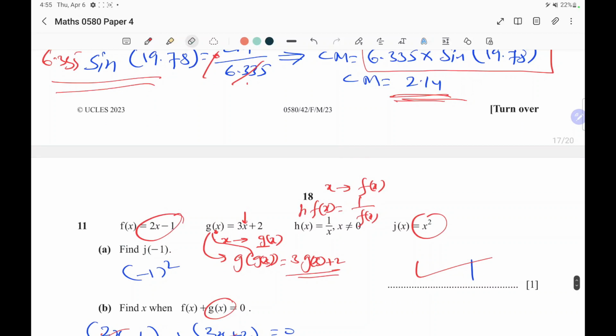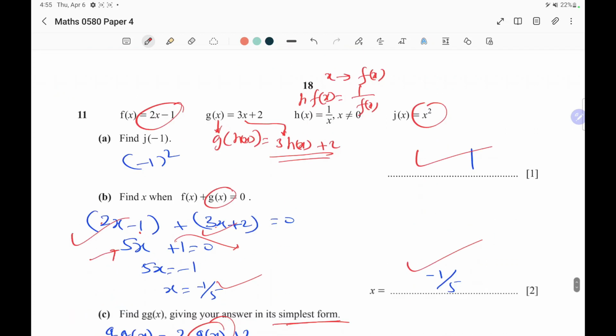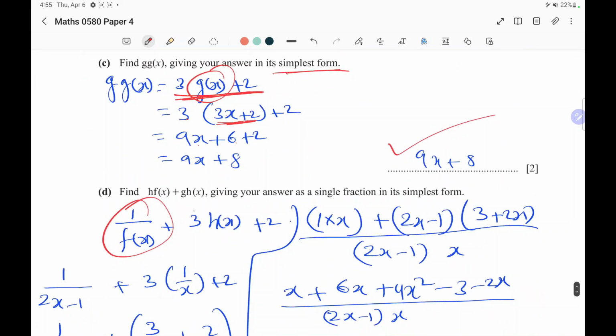Okay, here. So this x is h(x), so g of h(x) is 3h(x) plus 2, right? So you can check, 3h(x) plus 2.